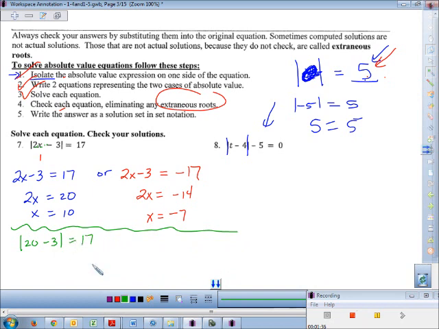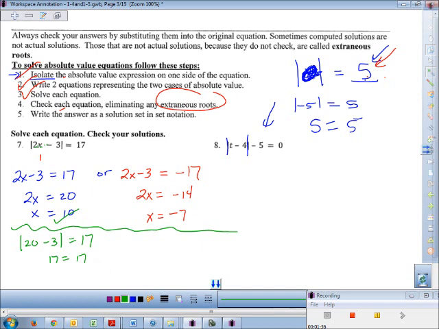And you see how I kept it in the bars and all that good stuff, right? This is so simple, we can do it mentally. What's 20 minus 3? And the absolute value of 17 is? So 17 equals 17. Did a check. Then we go up here to this answer and say that one worked. If x was 10, this turned out true because 17 equals 17.